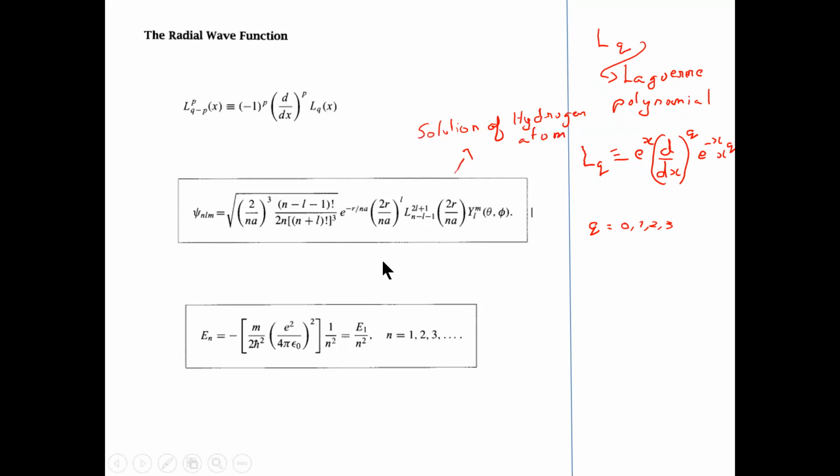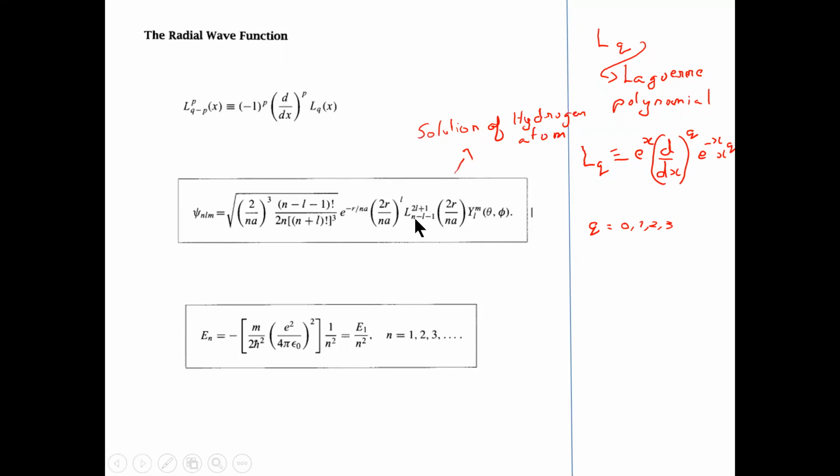This term that we were talking about, the associated Laguerre polynomial, is here. You can see it here. Now in the place of q, you have 2l plus 1. l is the azimuthal quantum number. We had introduced it as the separation constant. And this q minus p you can see as n minus l minus 1.